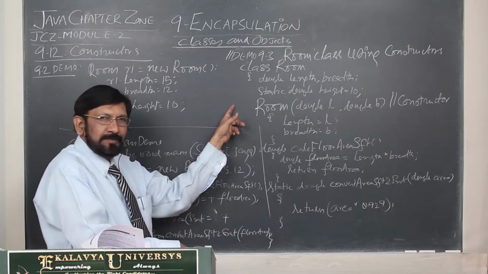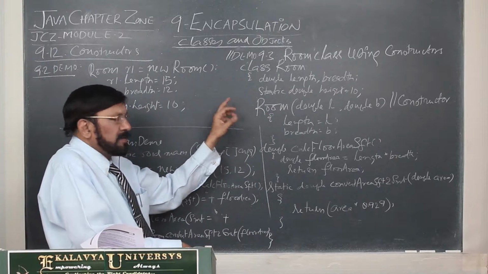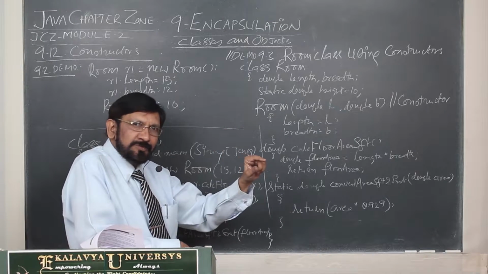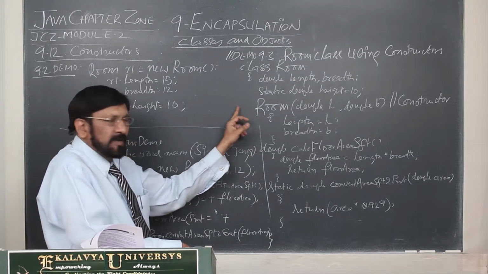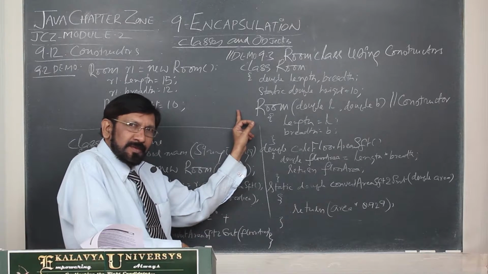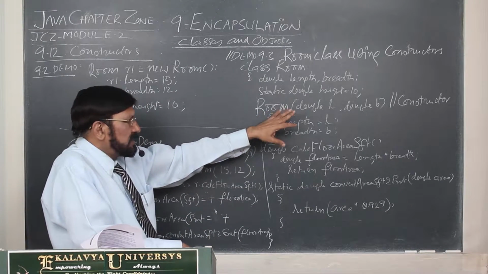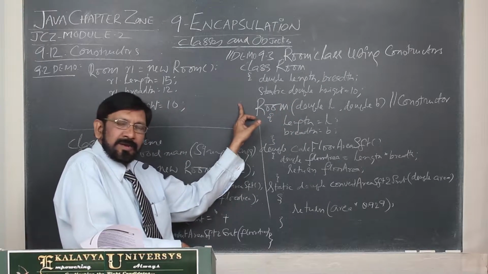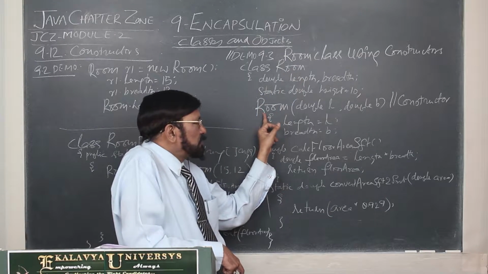Here, no return type. If you define a method like input values or get values, an instance method, then you have to put the return type of the method. Of course, it may be void, but as far as a constructor is concerned, as I explained to you already, no return type will come.